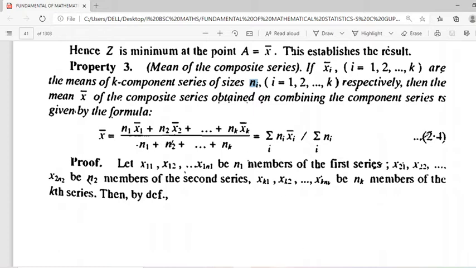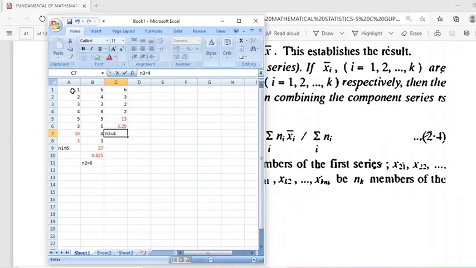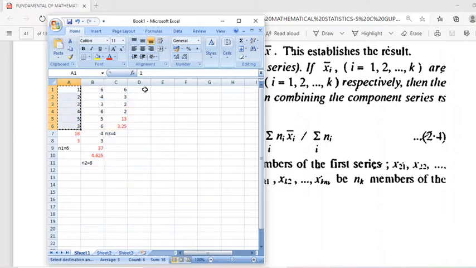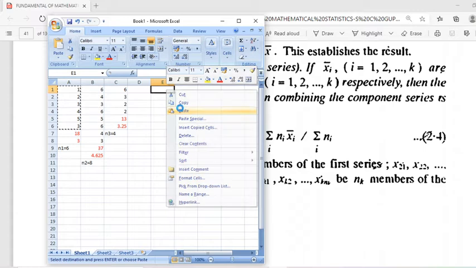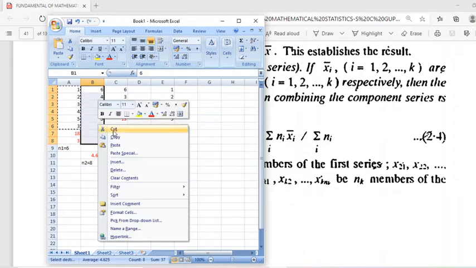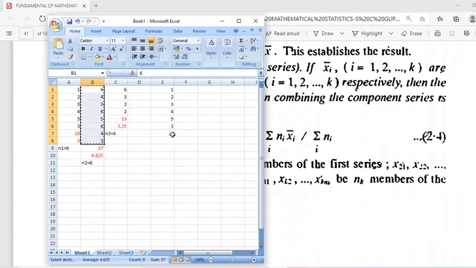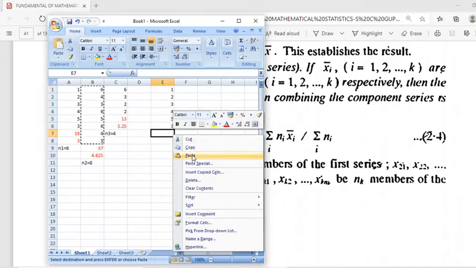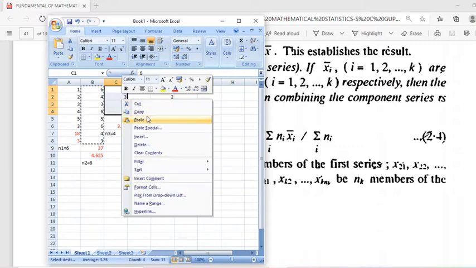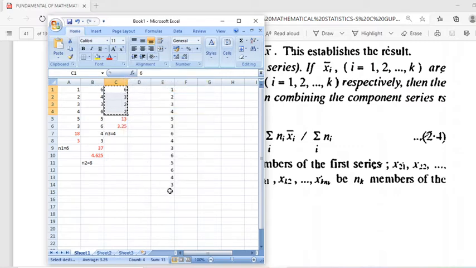Suppose we want to find the mean of all observations, the combined series. So what is the combined series? You can take this observation and put here, we're combining the observations, and you can take this observation and put here.